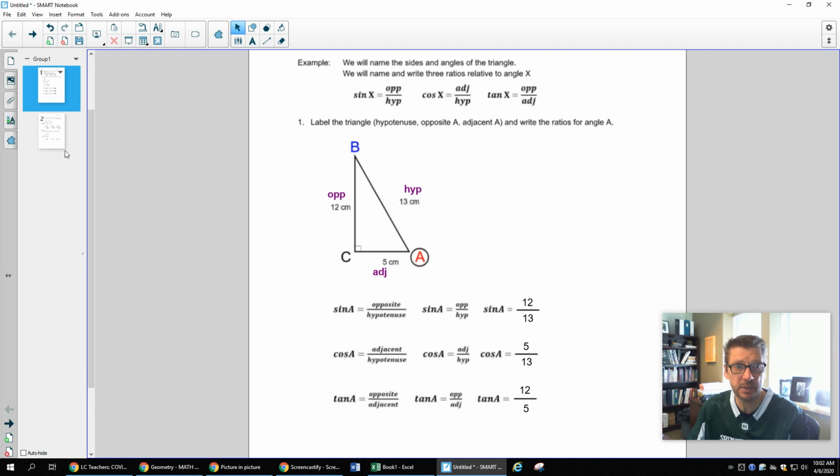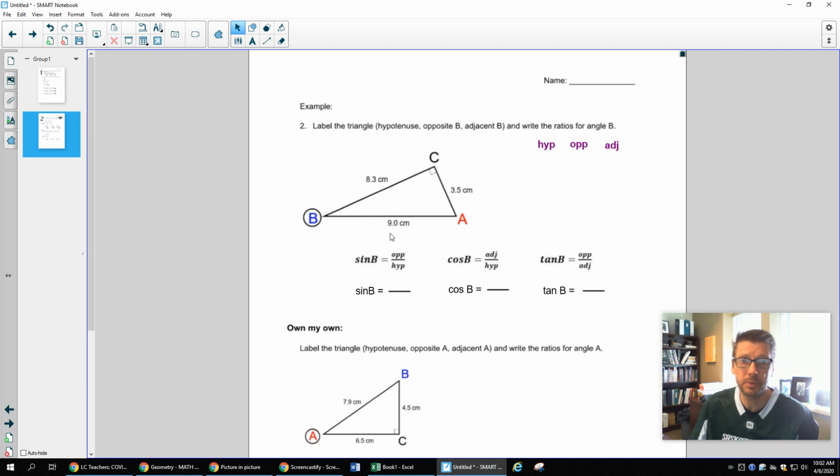Let's go to example number 2. In example number 2, we want to talk about angle B this time. And I've circled angle B to make sure it's my known reference. So again, how do I name my triangle first of all? Number 1, I want to know here's my 90-degree angle. So I go across from 90 degrees, and my hypotenuse this time is 9.